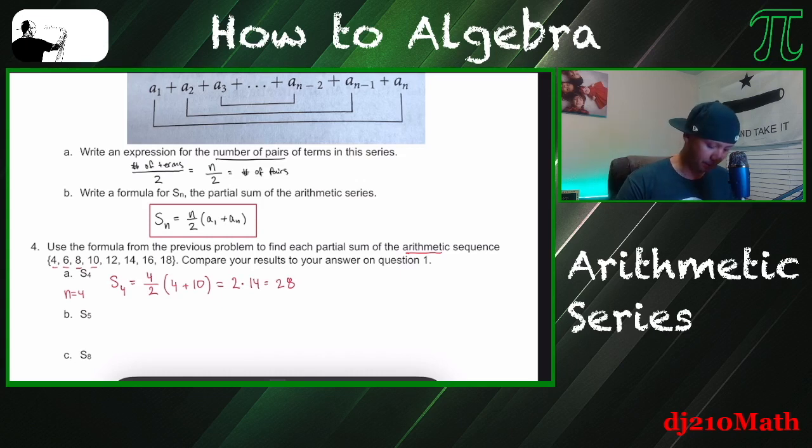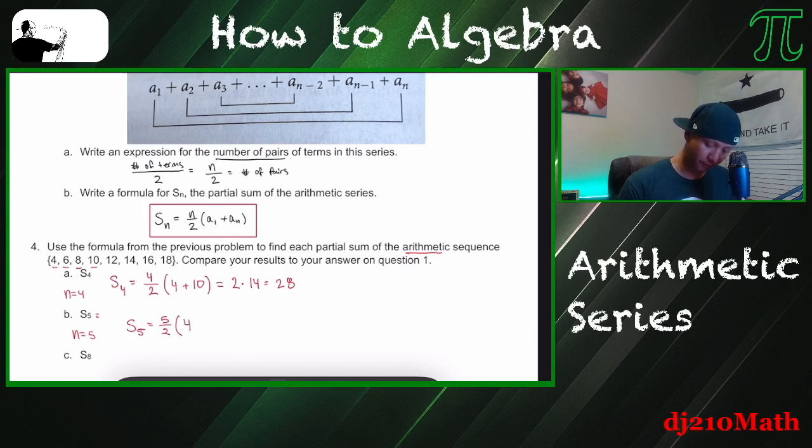All right. B, sum of the first 5. So n is equal to 5. Therefore, the sum of the first 5 terms is going to be 5 divided by 2. The first term is 4.